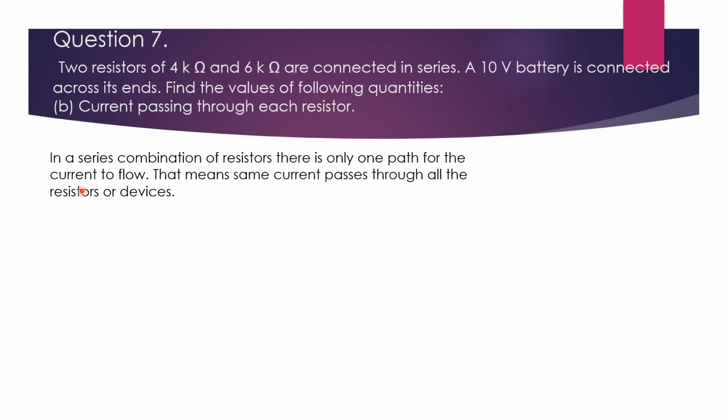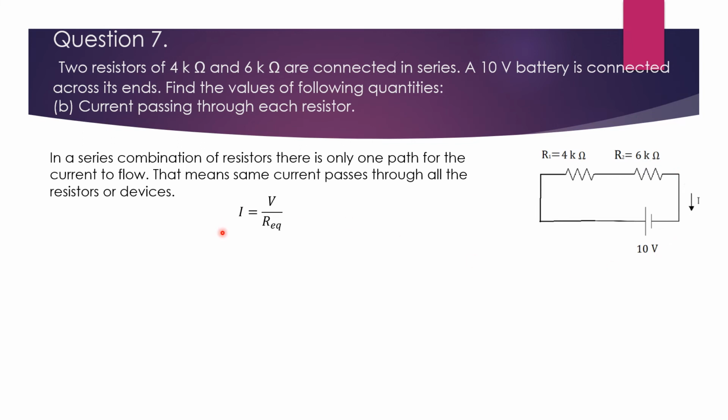Now, in a series combination of resistors, there is only one path for the current to flow. That means the same current passes through all the resistors or devices. This is current I which passes through this battery and then goes through the two resistors. Using Ohm's law, I is equal to V over R equivalent.